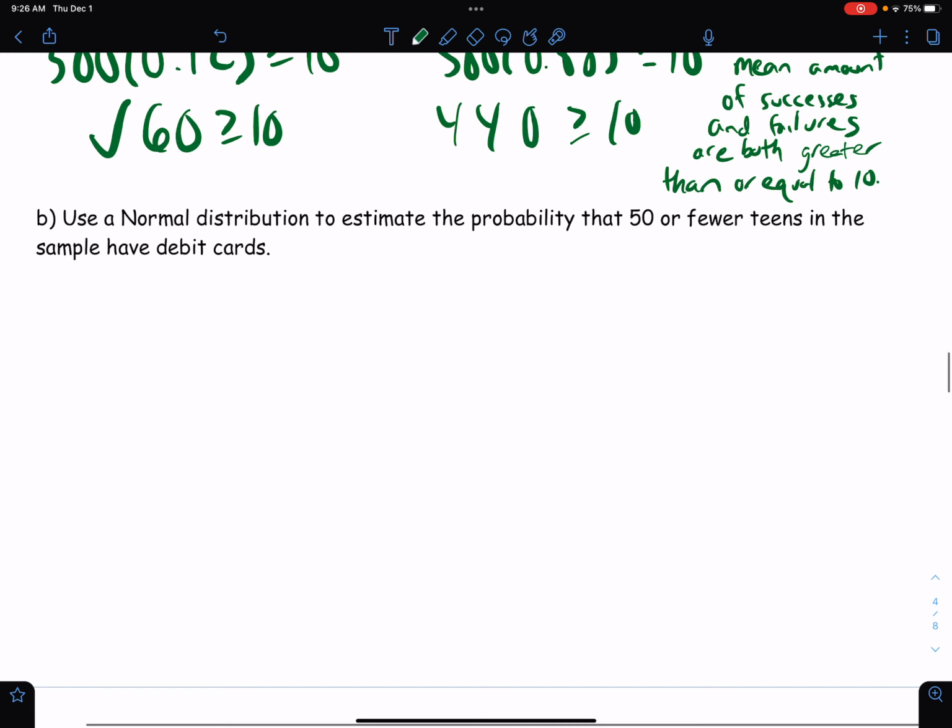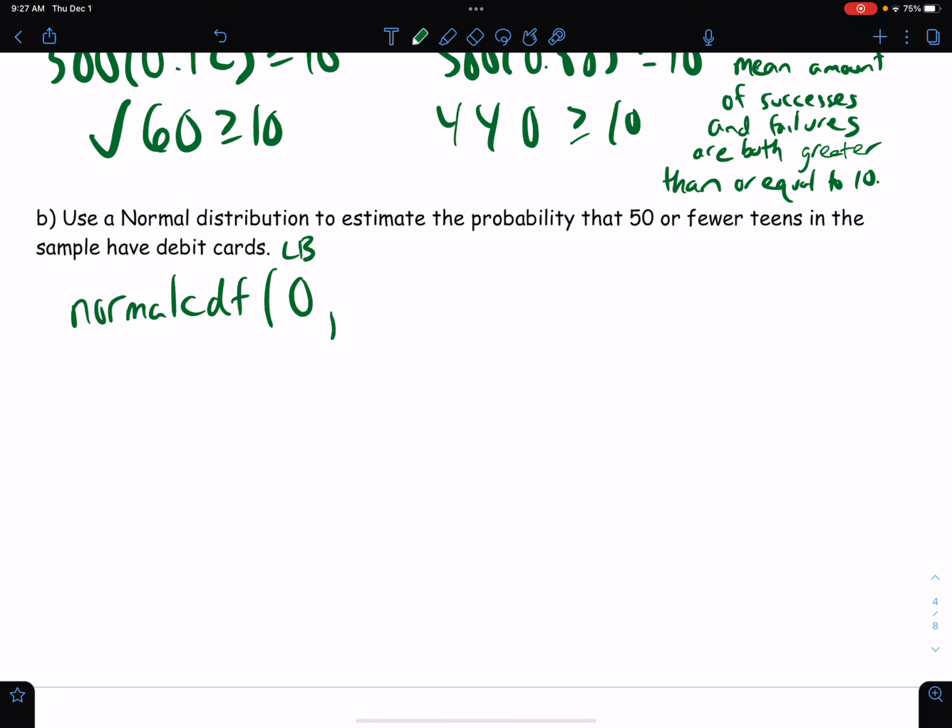And to do that, we would want to do normal CDF. For 50 or fewer, our lower bound is 0, or you can even make it negative 99999, it's not going to matter. Upper bound is 50. And then we need our mean and our standard deviation.